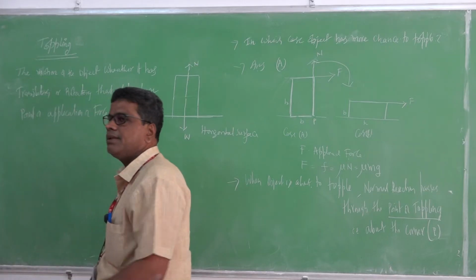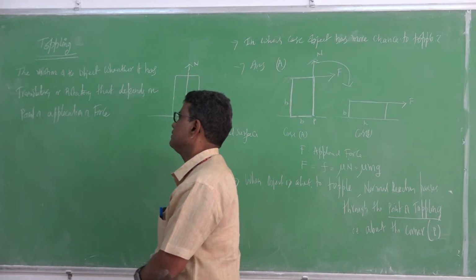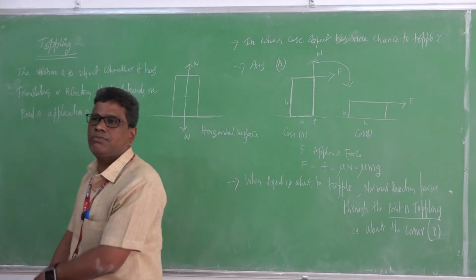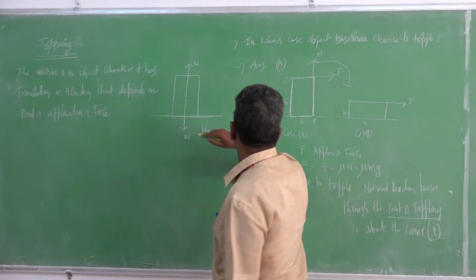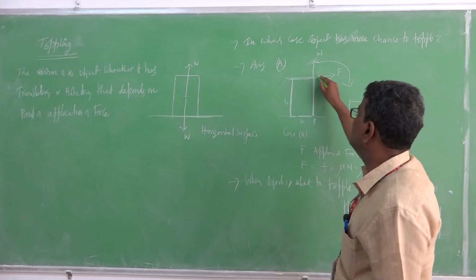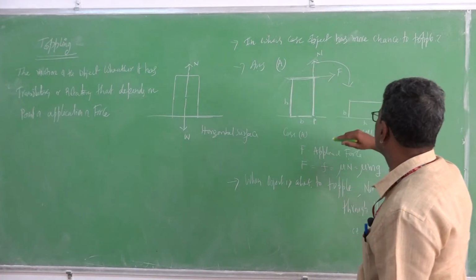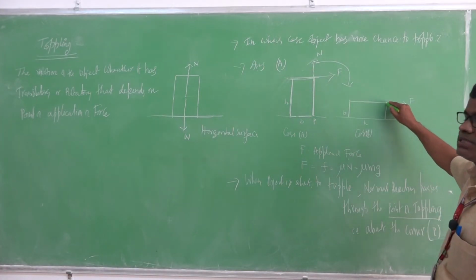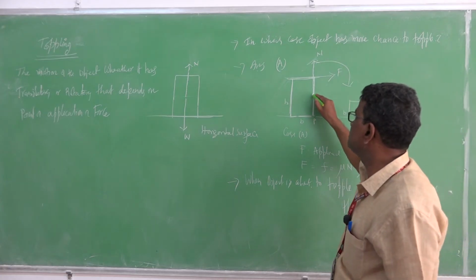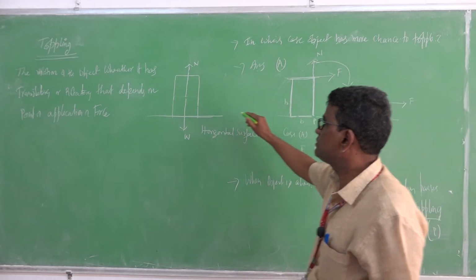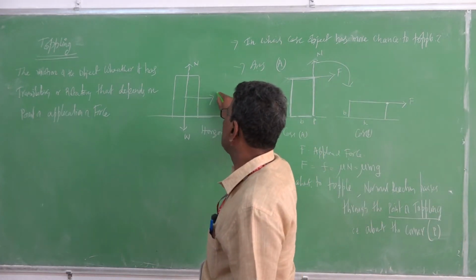That means where the force acts on the object is called the point of application of force. Suppose the force is acting from the top, then this is the point of application of force. Suppose the force is applied here. Force may also act from the center of gravity.